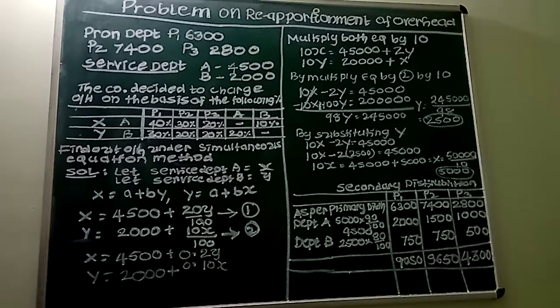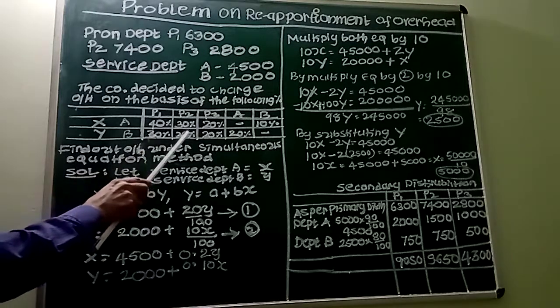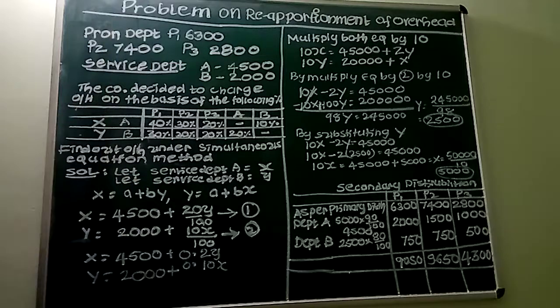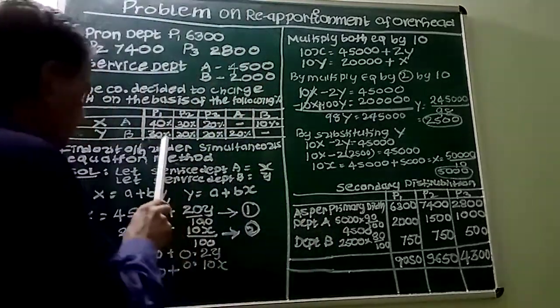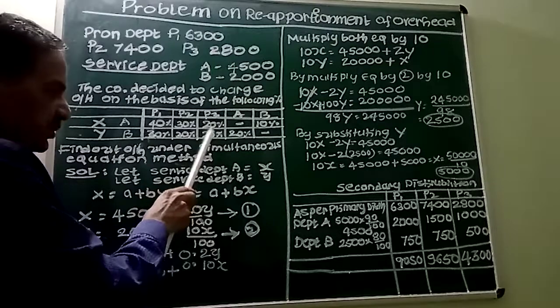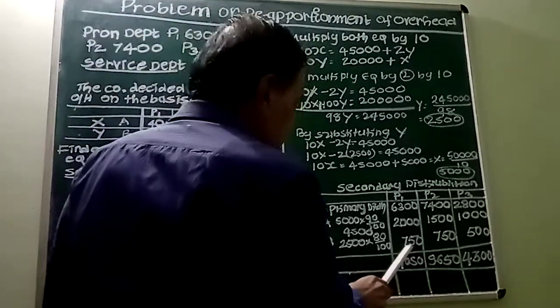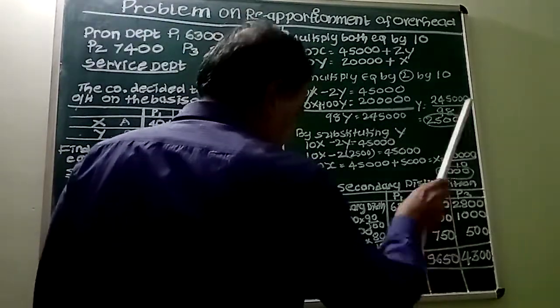Then you share it in the ratio of 30 is to 30 is to 20, or 3 is to 3 is to 2. If you share 2000 rupees in the ratio of 3 is to 3 is to 2, you get 750, 750, 500.